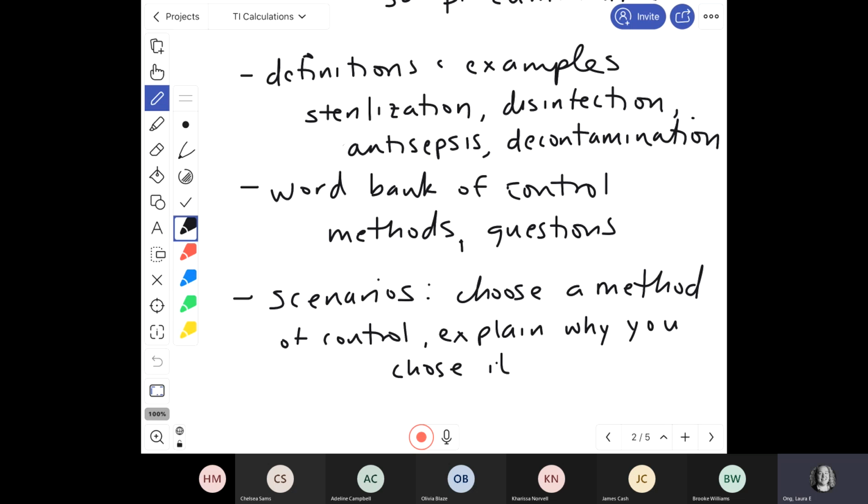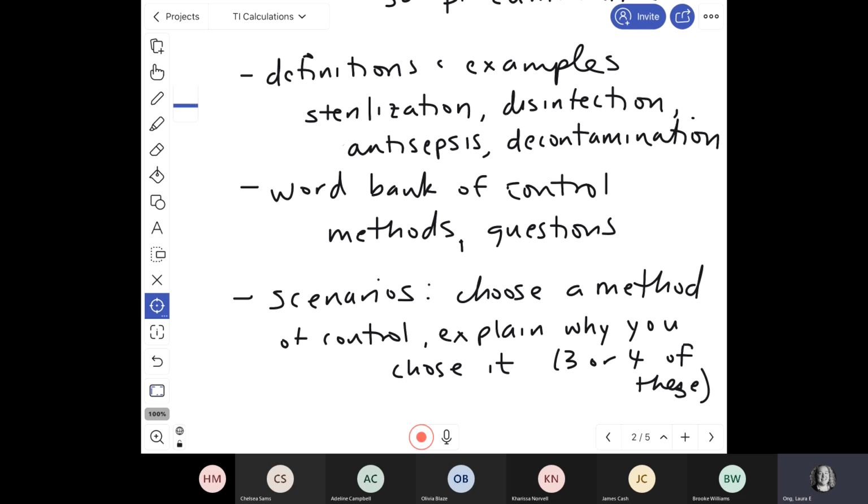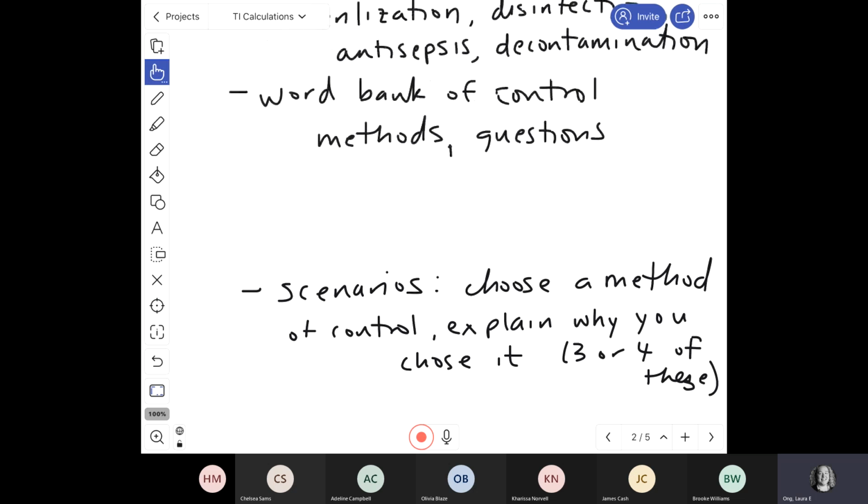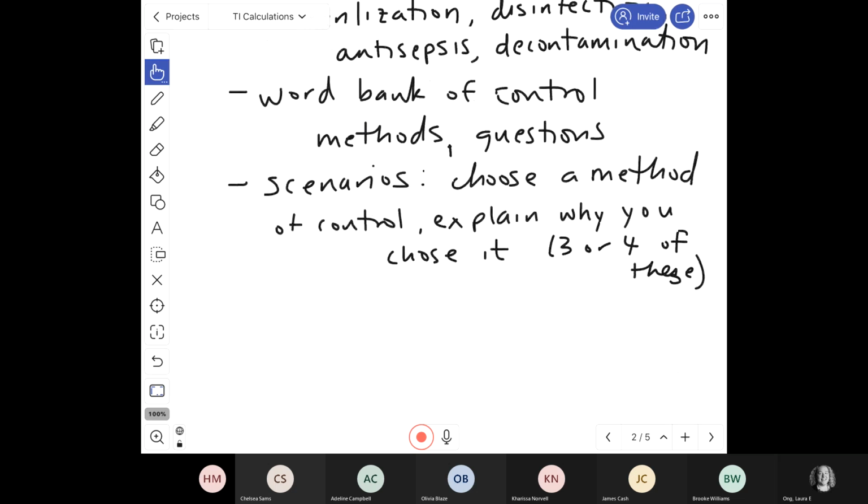And there'll be 3 or 4 of these type of scenarios. So those will be more sentence, essay type questions.